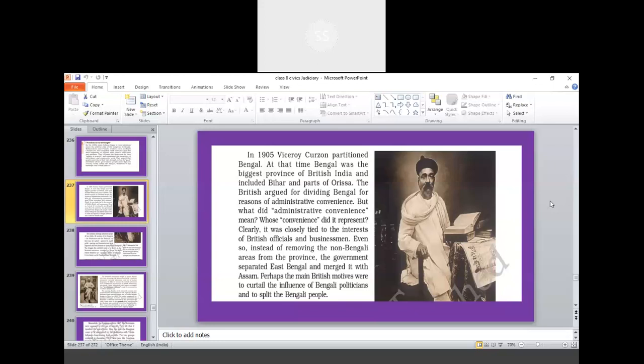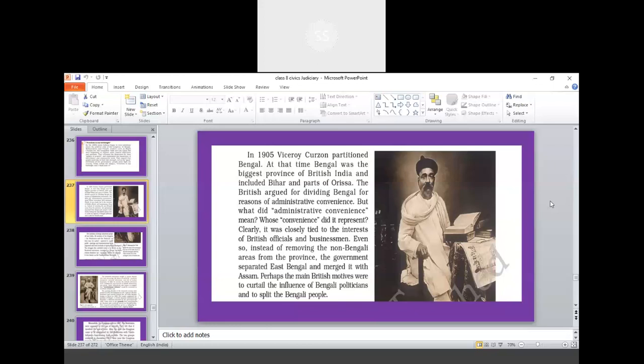Now, what is the real reason for the partition? Because Bengal in those days included today's Bangladesh and part of Bihar, part of Orissa and part of West Bengal. This huge province is Bengal province.